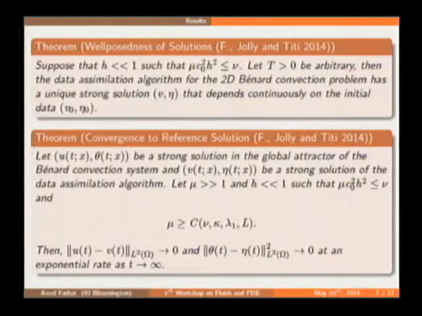Then under certain conditions on mu and h, with h being the resolution, namely I need the condition that mu C0 squared h squared is bounded by nu, where C0 I will show you on the next slide, and I choose mu large enough, depending on the viscosity of the fluid, on kappa, lambda 1, and L. Then the solution V of the data assimilation algorithm converges to U, and the solution eta of the data assimilation algorithm converges to theta exponentially in time.